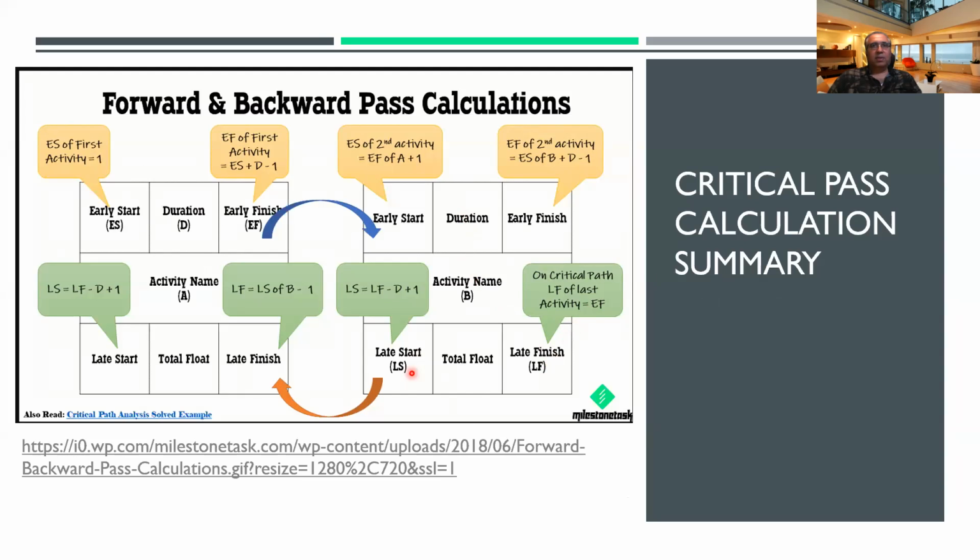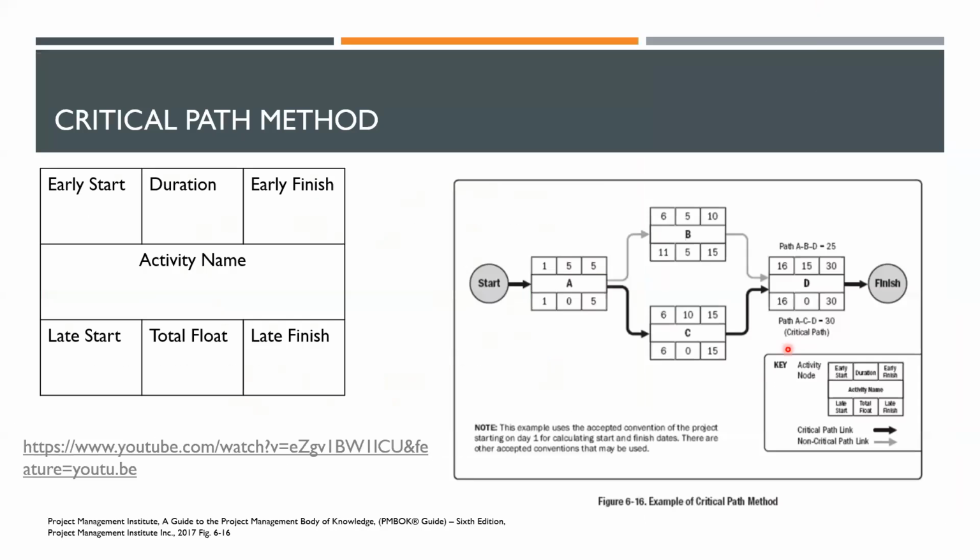Clear so far? Yes, sir. Right, and when you're going in the forward pass, you have to minus 1. Here you have to add 1 day also. Now when you bring it over here, we had to add 1 day. Now we're going to minus 1 day for the late finish for the previous one. So when we bring it back here, we have to minus 1.